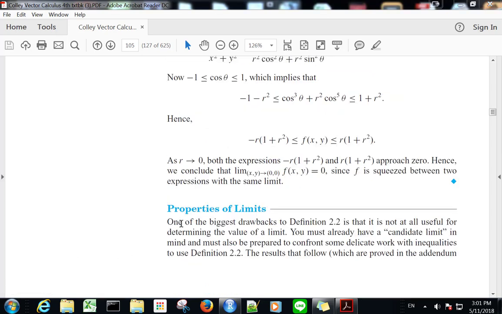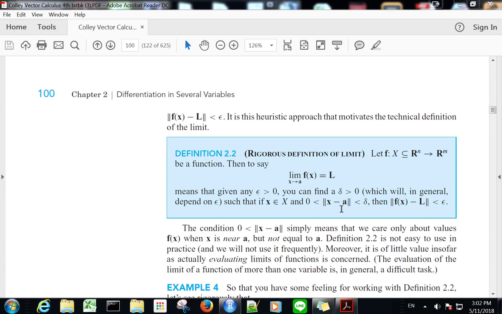Okay, next they say one of the biggest drawbacks of our definition of limits, which is back at 2.2, is that it's not useful for determining the value of a limit. You must already have a candidate in order to use definition 2.2. Let's check what 2.2 is.